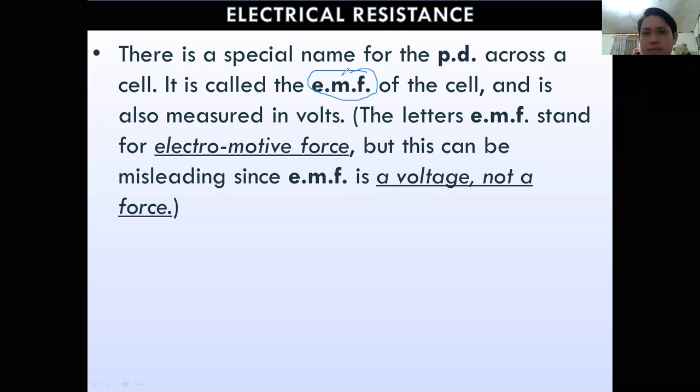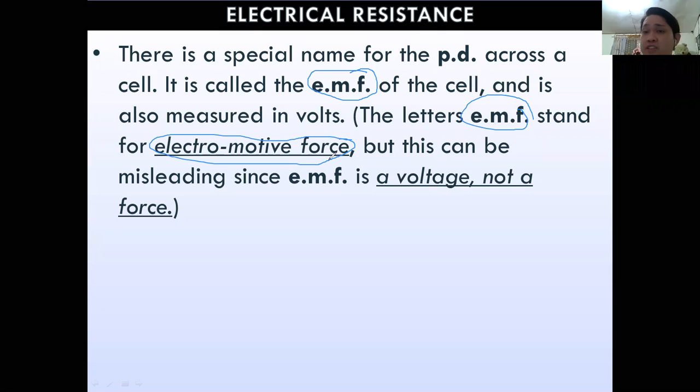What does EMF stand for? It stands for electromotive force.